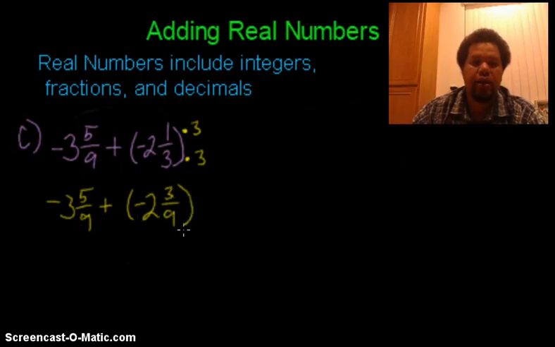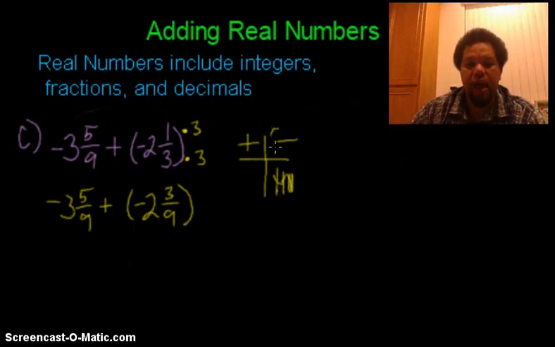Okay, so now that they have a common denominator, we can go ahead and do our adding. In this case, if I think back to the scoreboard, both of these numbers are negative. They will both be on this team over here. So they're on the same team, so I will end up adding these numbers just like normal, but my answer will be negative.